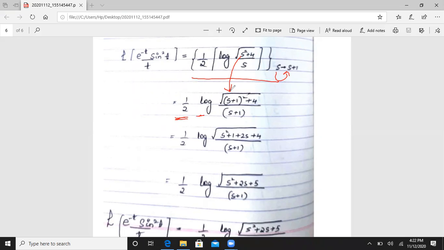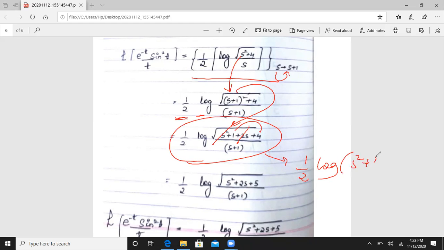Okay, when we simplify this function we will get 1 by 2 log of under root of s square plus 1 plus 2s, and our last plus 4 as it is, divided by s plus 1. Okay, this function we will get 1 by 2 into log of under root s square plus 2s plus 4 plus 1, that is 5, divided by s plus 1, as it is.